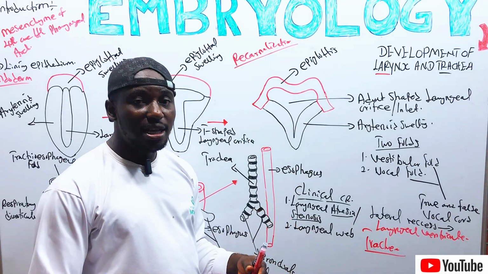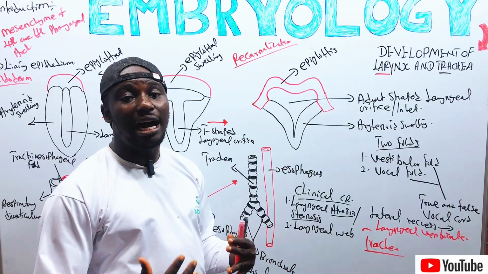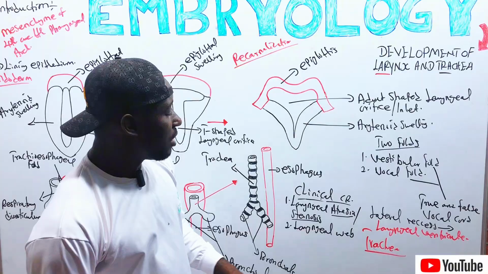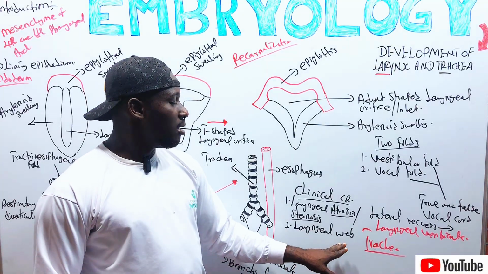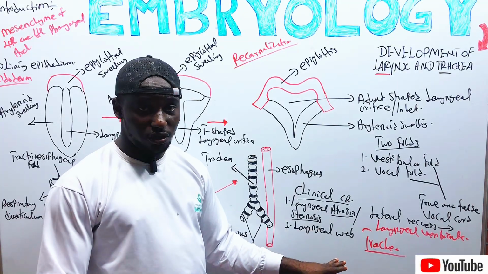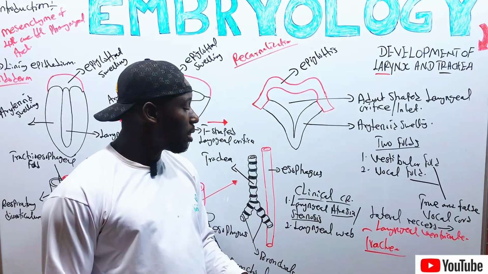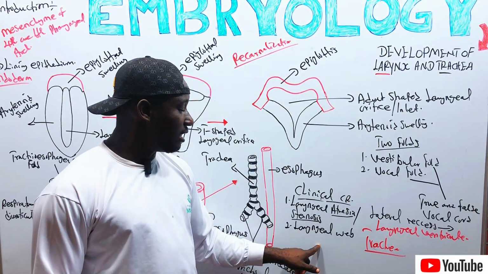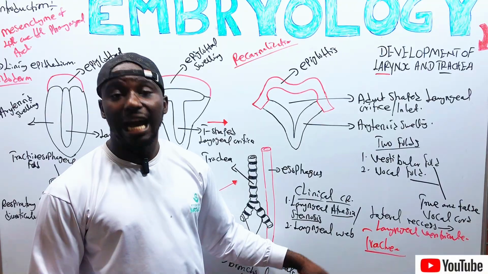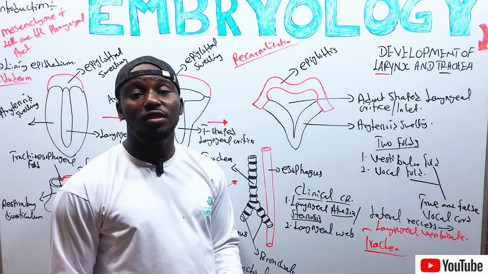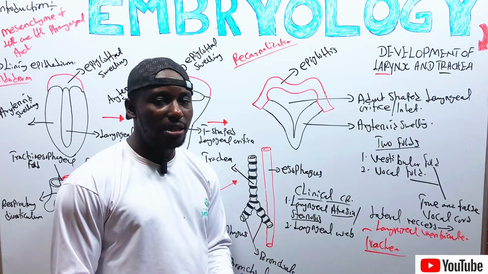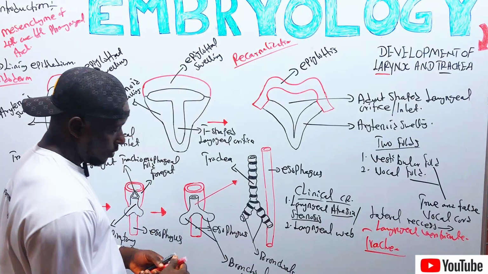And that membranous web-like tissue, which forms the anomaly called laryngeal web, is derived as a result of the proliferation of the endodermal cells. So that is that one.